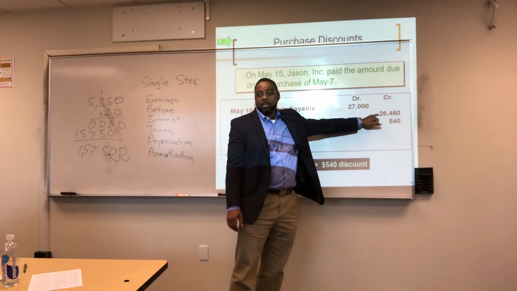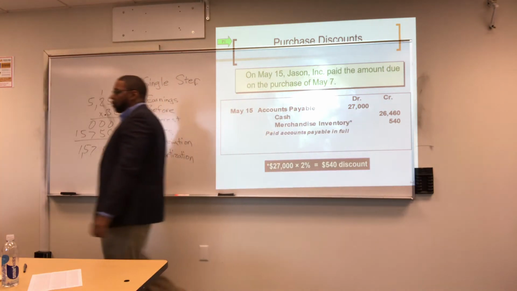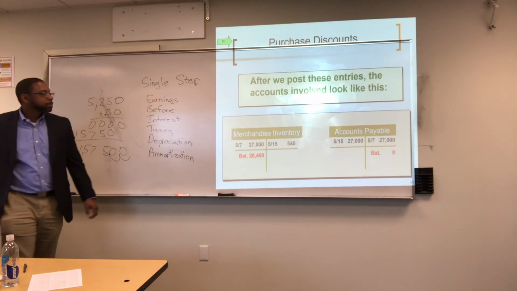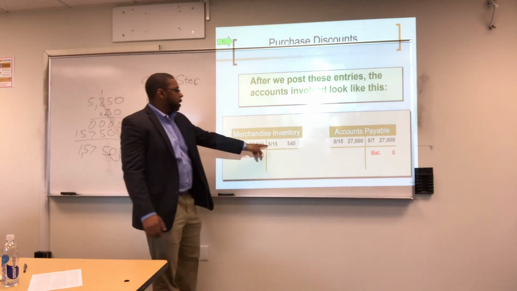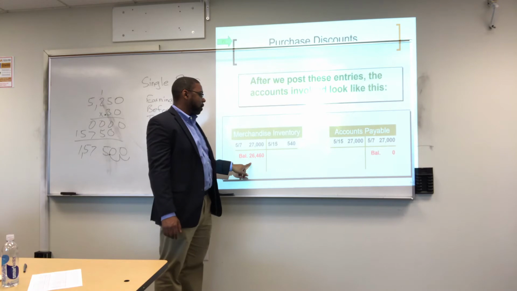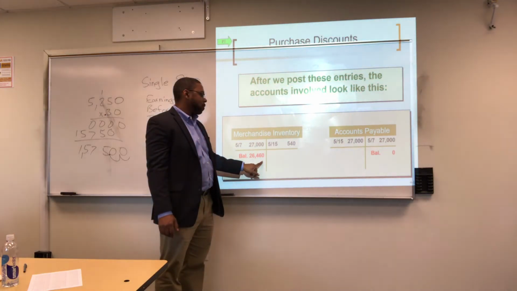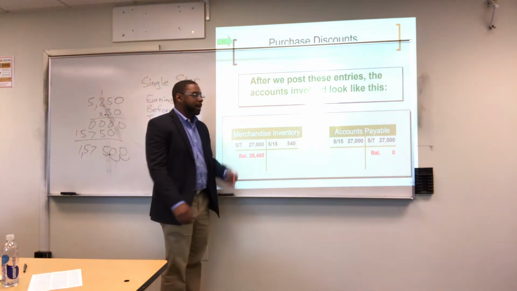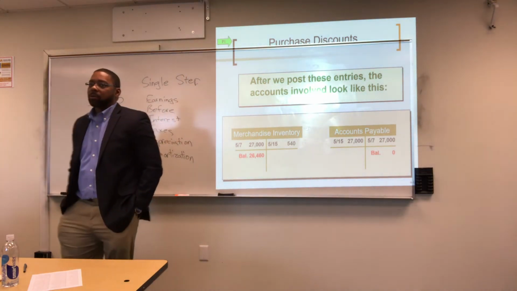We paid $26,460. So when we did that credit for $540, we brought the merchandise inventory account to $26,460, not $27,000. Does everyone understand that? So we're adjusting that account to how much we actually paid for it.